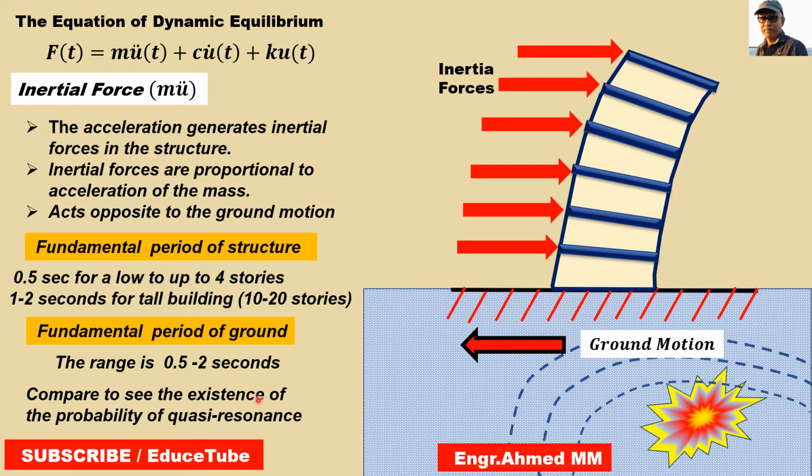To see the existence of the probability of quasi-resonance. This is important to know. So let's move to the second term.